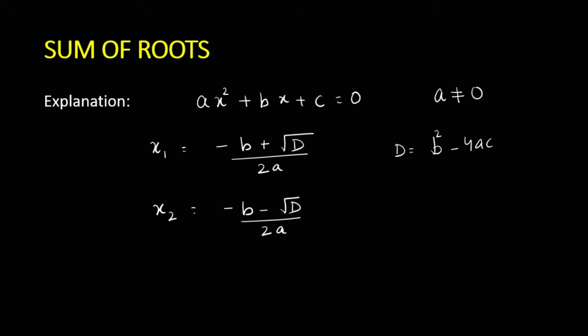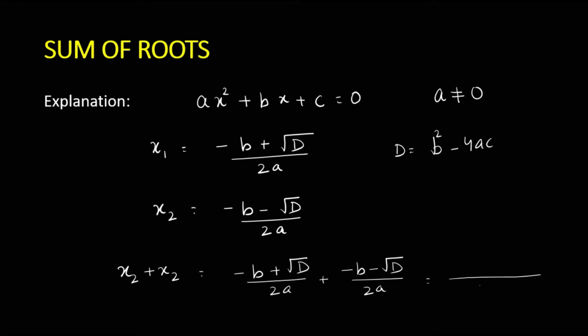Now if we add both the roots, that is x1 plus x2, so we have minus b plus root d divided by 2a plus minus b minus root d divided by 2a. Taking 2a as LCM, we can write here 2a, minus b plus under root d minus b minus under root d.